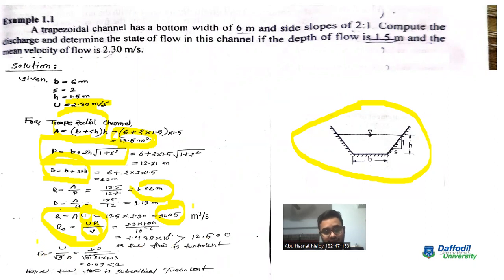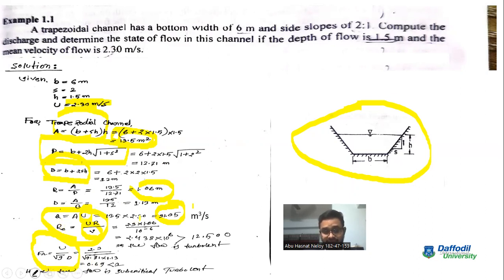So now I'm going to calculate the effect of gravity. We already know the formula regarding the effect of gravity is U divided by root over GD. U is equal to the given 2.3, G is equal to 9.81, and D is equal to the hydraulic depth.